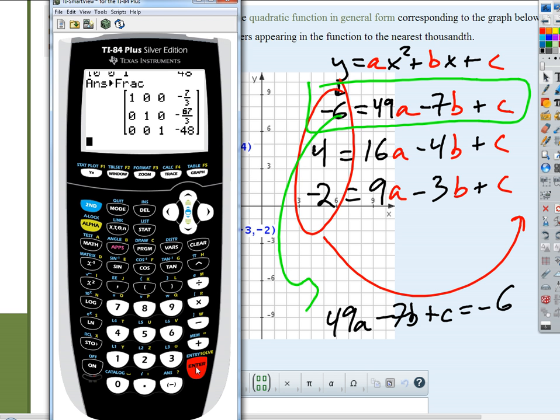There are limits to our calculator's ability to do that. They're not going to resolve these into square roots or things like that. But the TI-89 would give you exact answers even if they weren't fractional. If they were irrational, it would still give them to you.